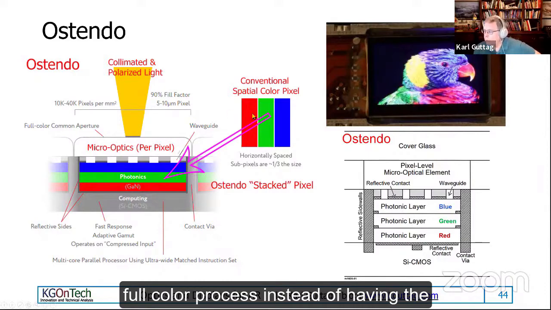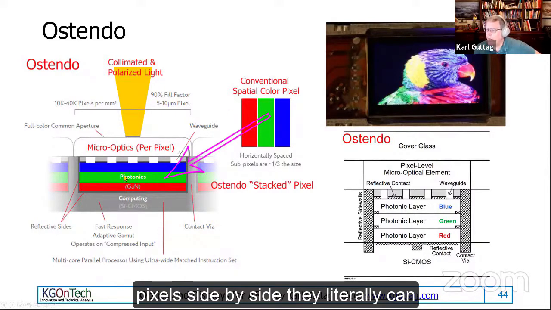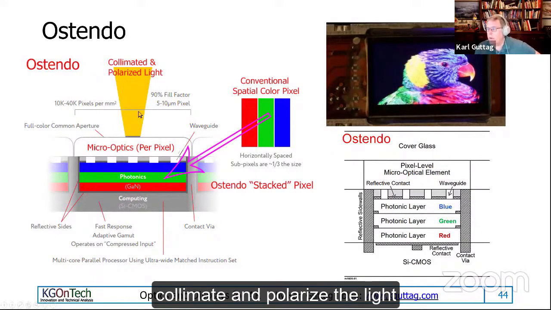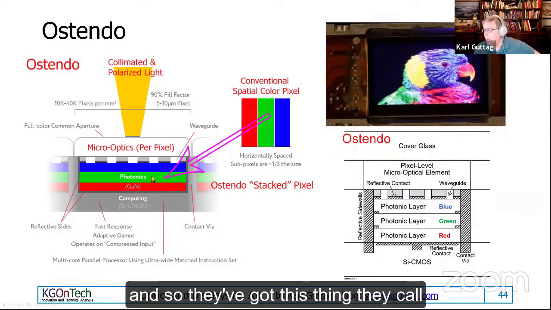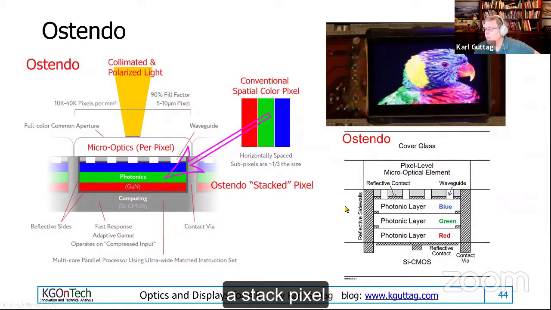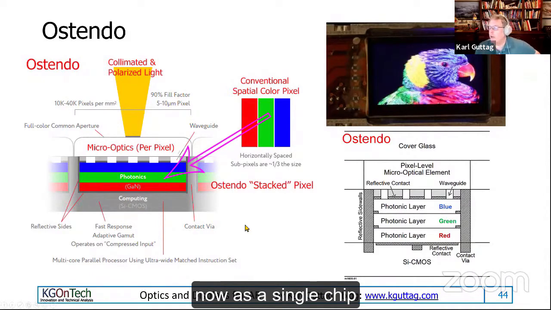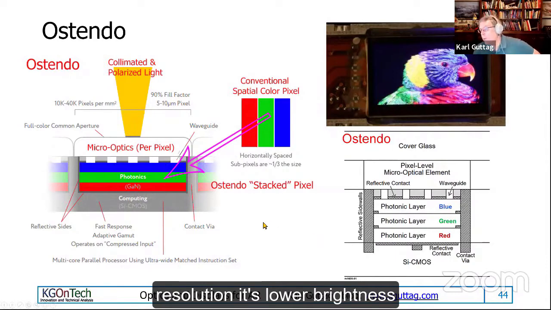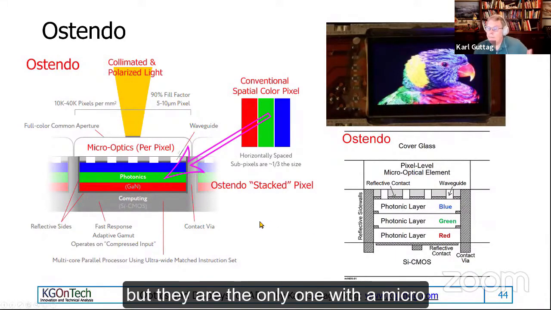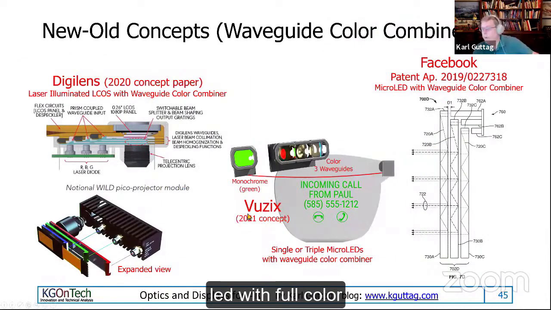Instead of having the pixels side by side, they literally can stack them on top of each other. They put micro optics on top to help collimate and polarize the light, and they call this a stacked pixel. So they're the only guy I know of right now who has a single chip full color one. It's fairly low resolution, it's lower brightness, but they are the only one with a micro LED with full color.